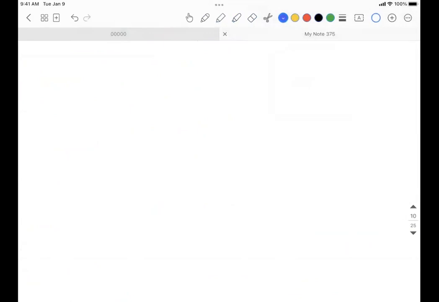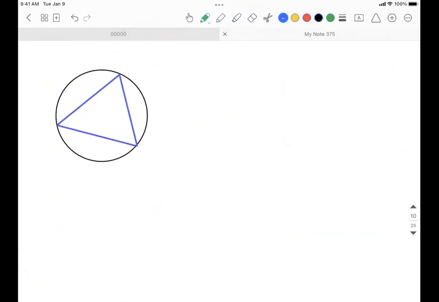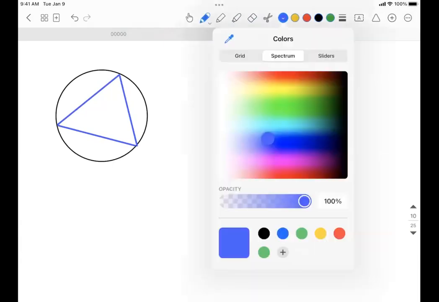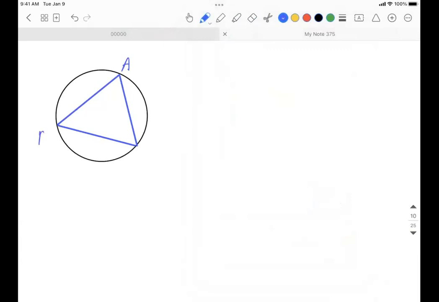Say you have a circle. This time it's the circumcircle, so ABC is actually inside. I'm going to change the color to blue. Here, here, here. I have a triangle ABC, and this is my circumcircle.